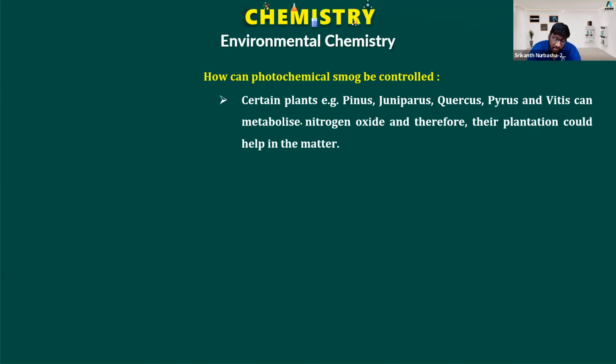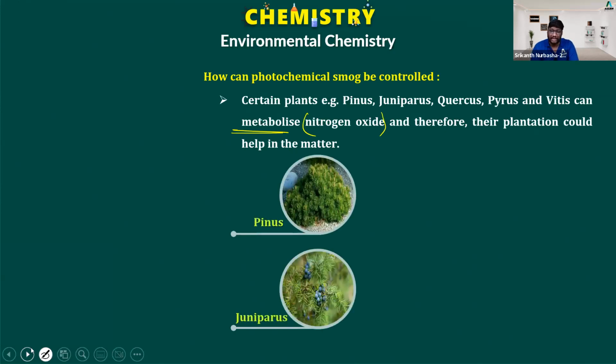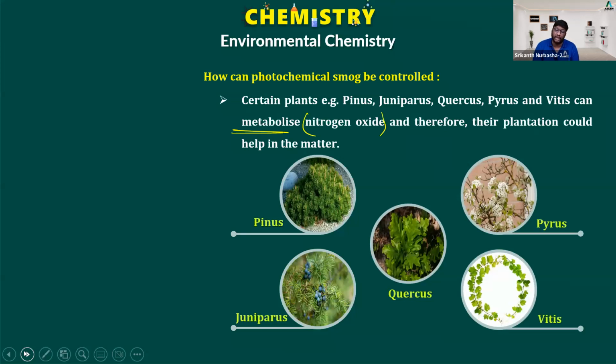They can metabolize the nitrogen oxides, and thus NO can be metabolized, meaning it is not released to the atmosphere. So you can do plantation of such plants. That will also help in decreasing the concentration of NO in the atmosphere, thereby controlling the photochemical smog and saving us from the different kinds of effects.